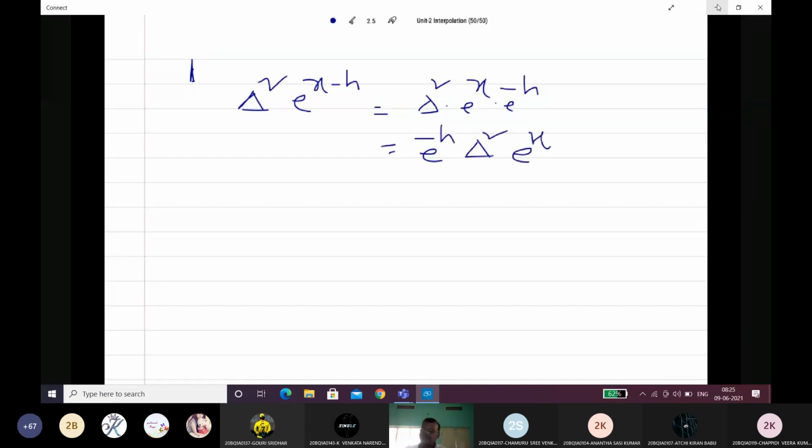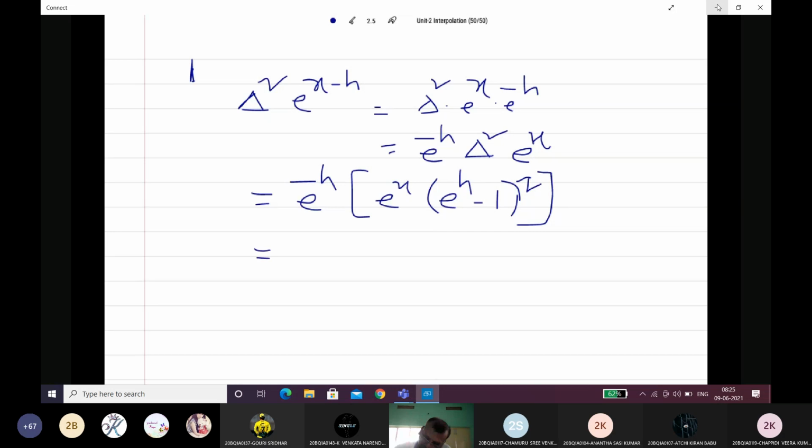Now we know the value of delta square of e power x from the previous condition. And then that is equal to e power minus h of e power x into e power h minus 1 whole square, right?